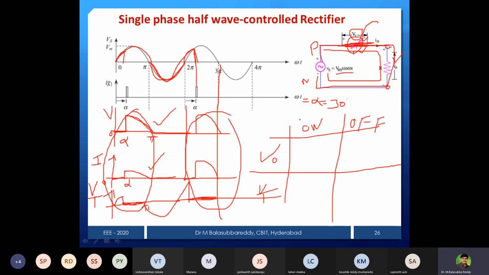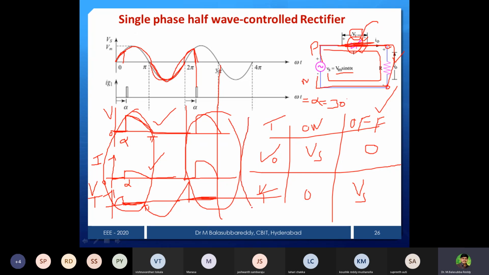When the switch is on, because it is a thyristor, output voltage is the same as the source, and voltage across the thyristor is 0. When the switch is open, output voltage will be 0 and voltage across the device will be the same as the source. That's all. You remember this table.